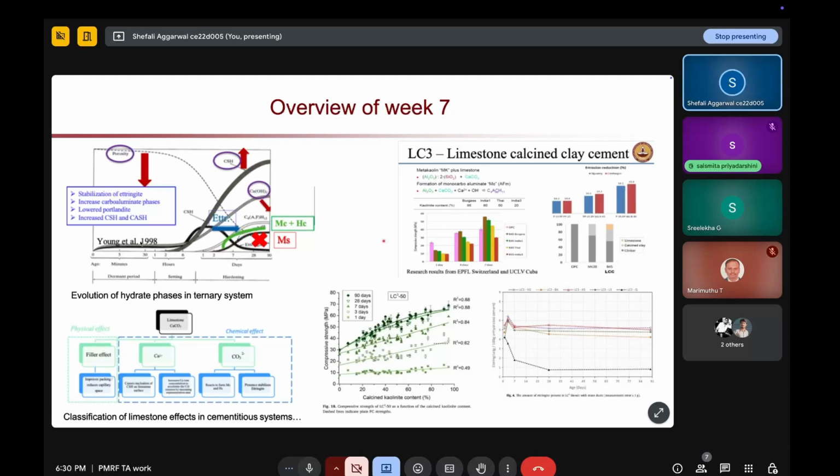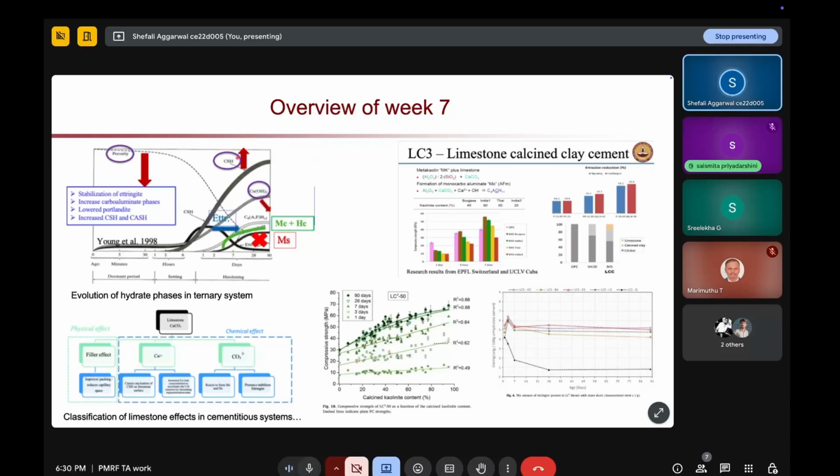Okay. So what is happening when we are using a ternary system? The ettringite is getting stabilized, and there is an increase in carboaluminate phases, and portlandite is decreased, which will increase the amount of CSH in the concrete system.